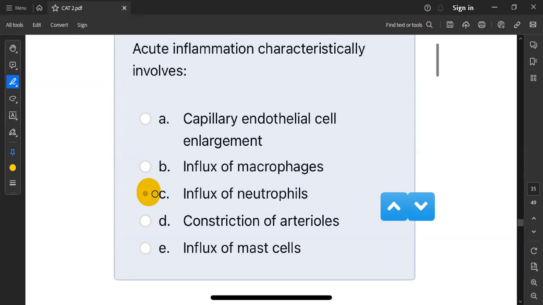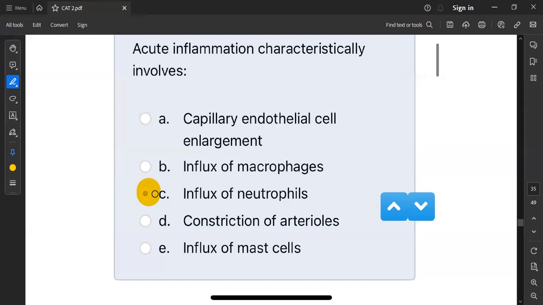Now, let us come with a clarification. Fulminant liver failure is within 2 weeks, and subfulminant is 3 months, right? So we've done that, and we've said influx of neutrophils is the hallmark of acute inflammation. Mast cells, you expect to see them mostly in allergic reactions.